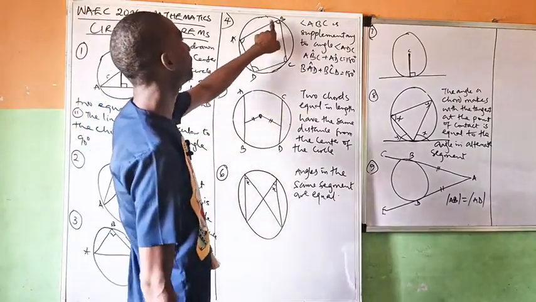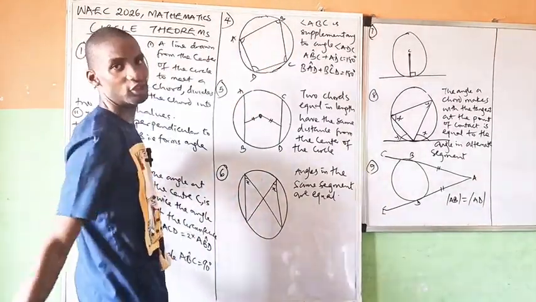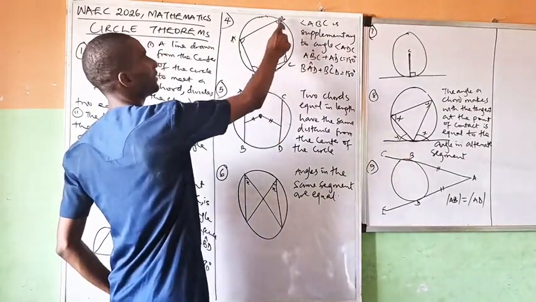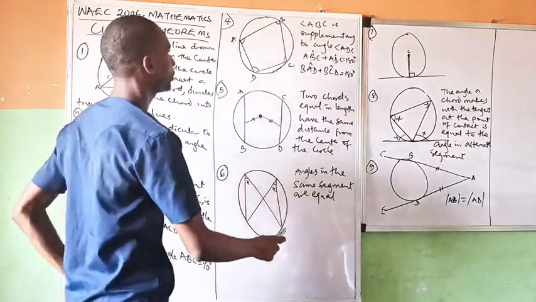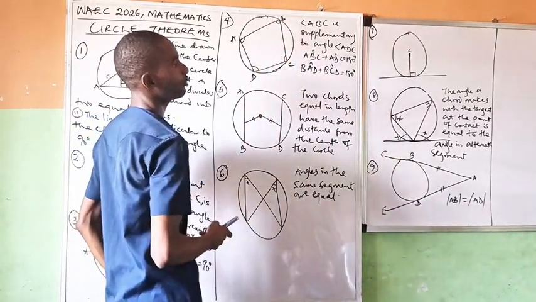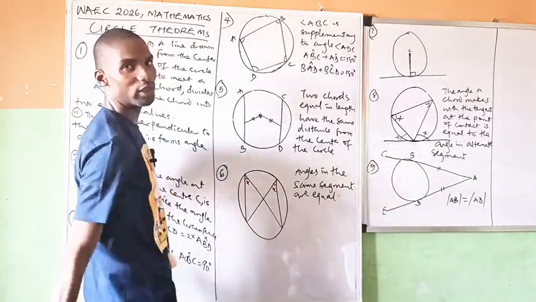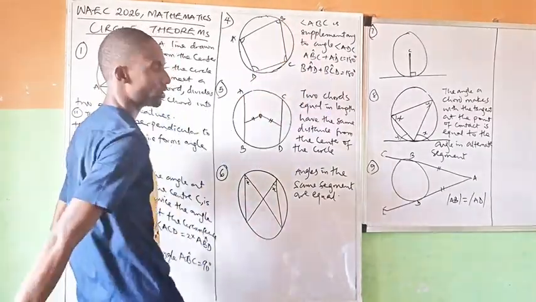Then when you have a quadrilateral in a circle, the 2 opposite angles are supplementary, meaning you add them up to give 180 degrees. The angle here plus the angle here adds up to 180 degrees.